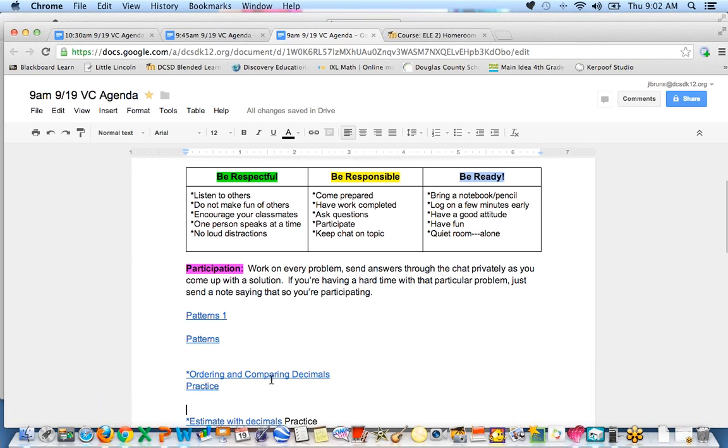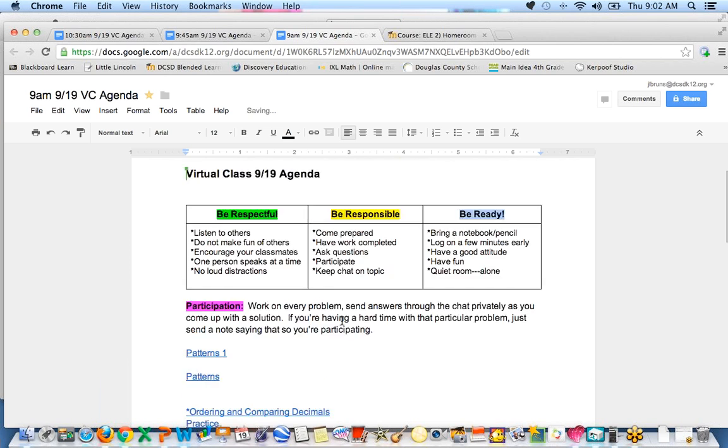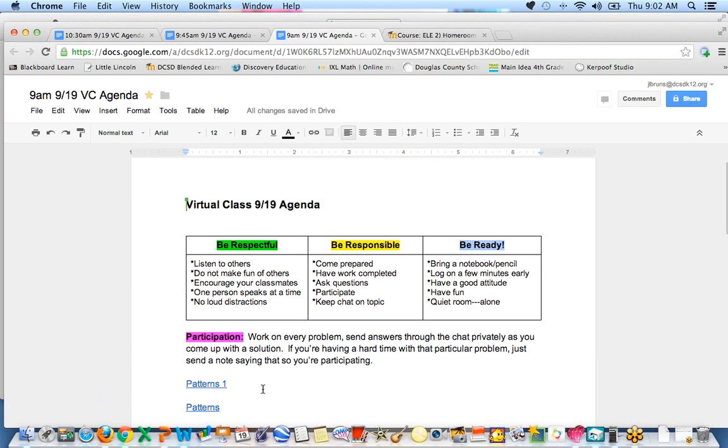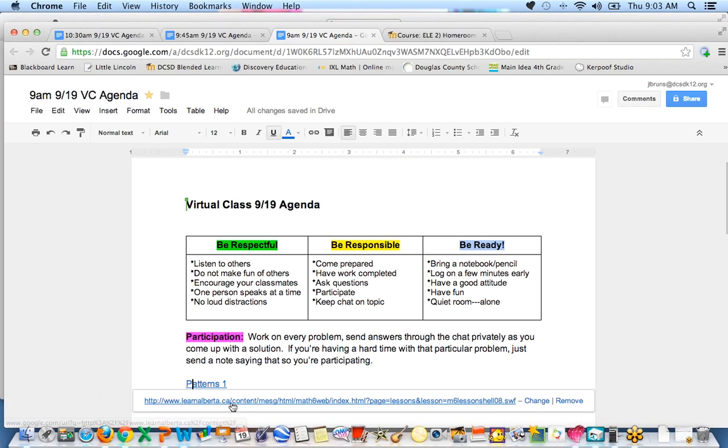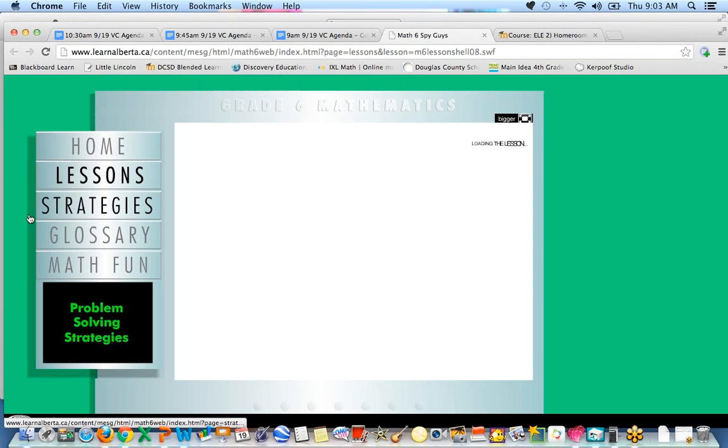Then we're going to switch gears and work with decimals, ordering and comparing, and then estimating with decimals. So that's where we are headed today. We're going to start off with some work with patterns, and then we're going to solve our own patterns. So here we go.